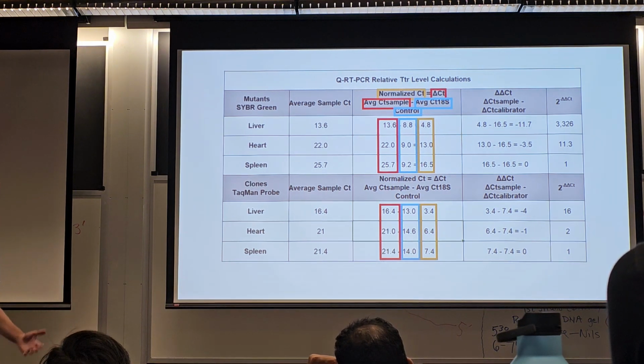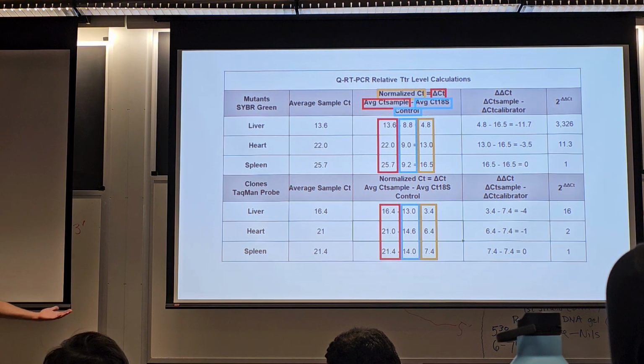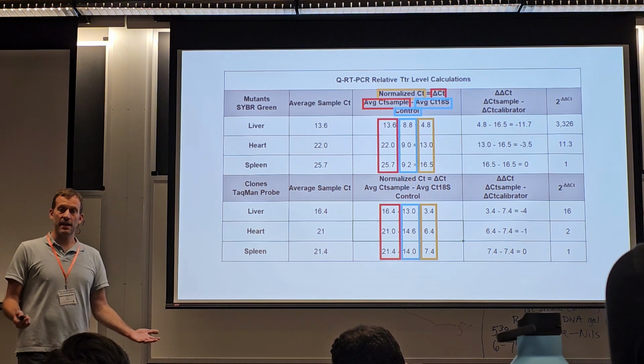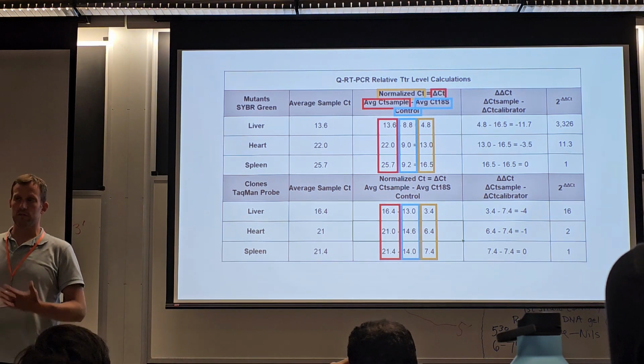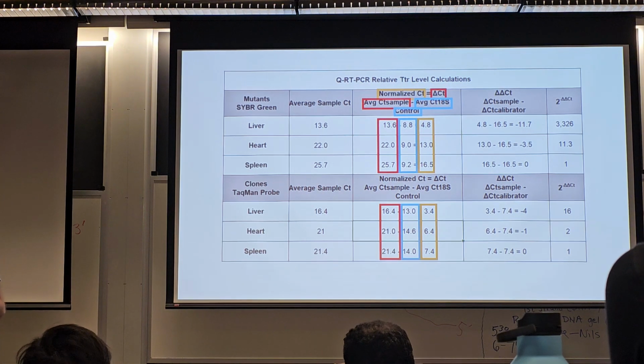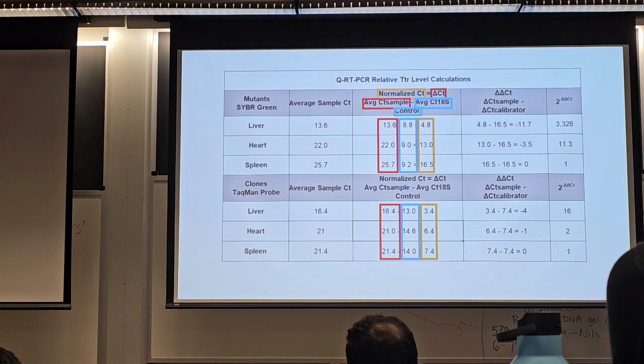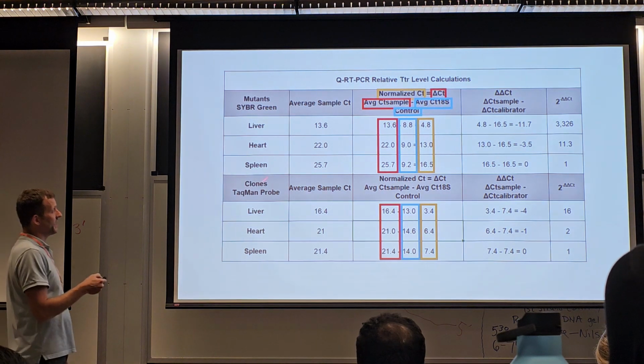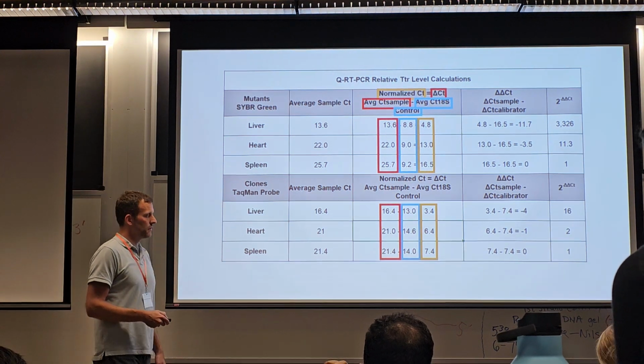So spleen becomes our calibrator, and liver and heart are what we're looking to find out. You can pick any one of them. It doesn't change the results, it's just what you're comparing to. So we're going to pick spleen as our calibrator.